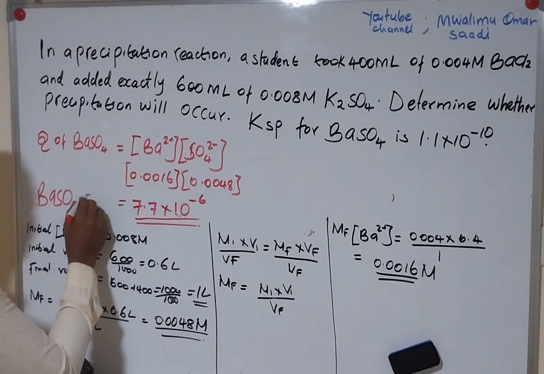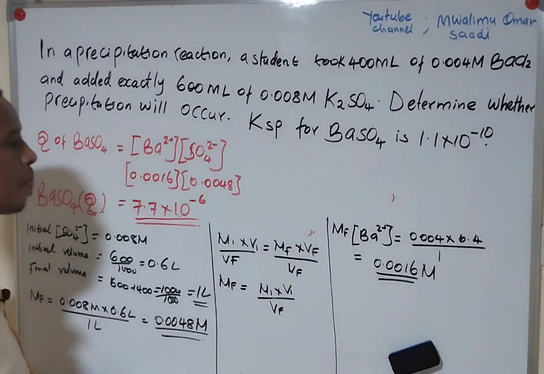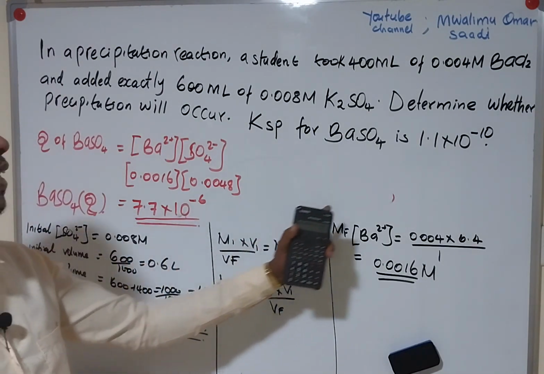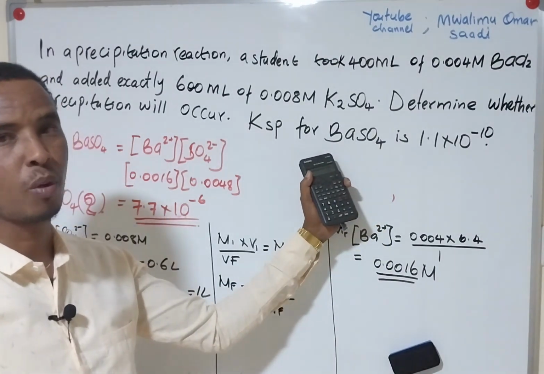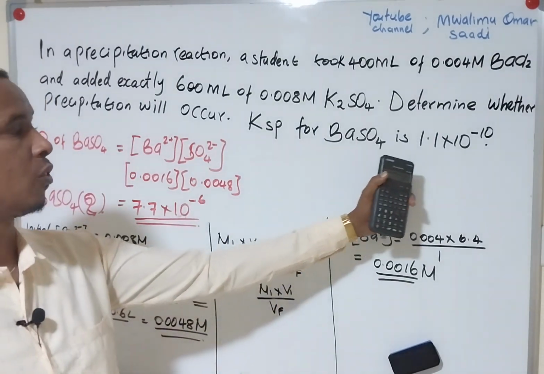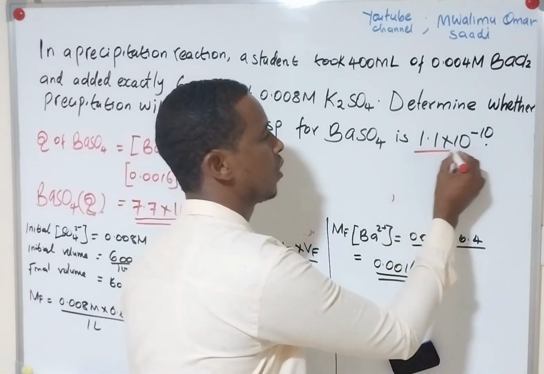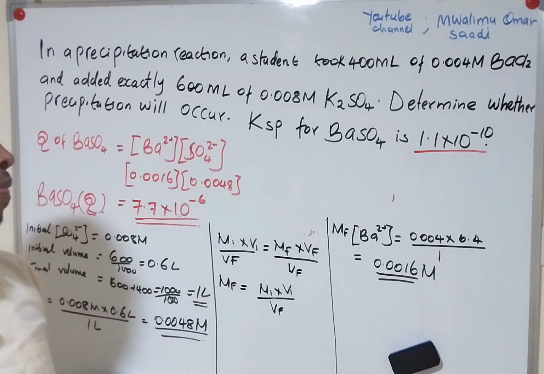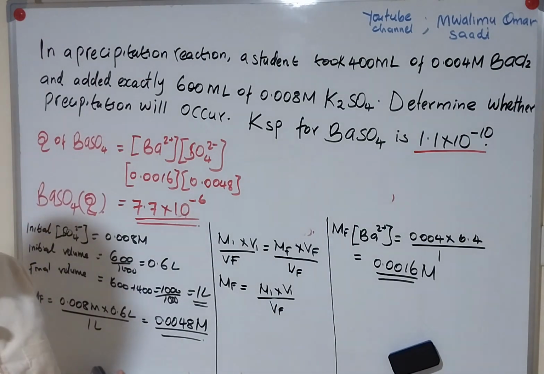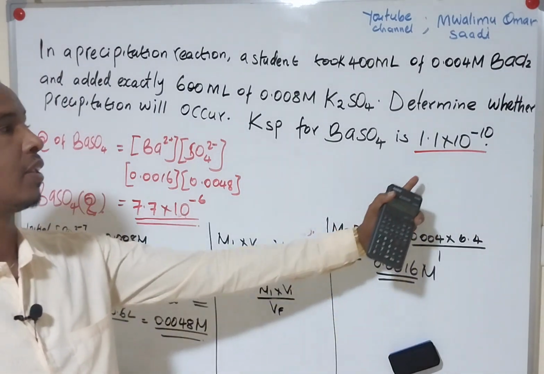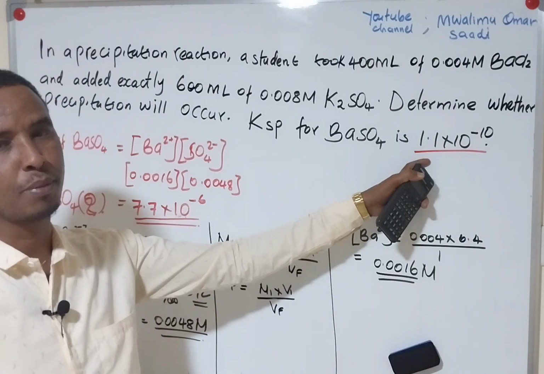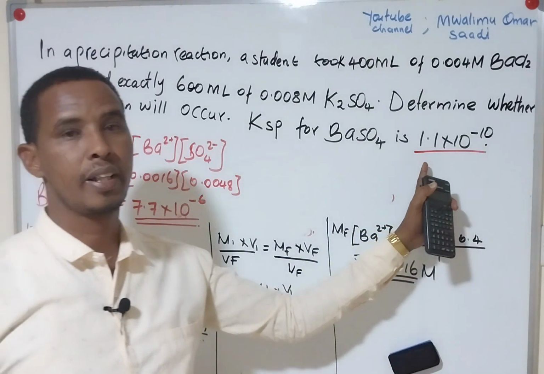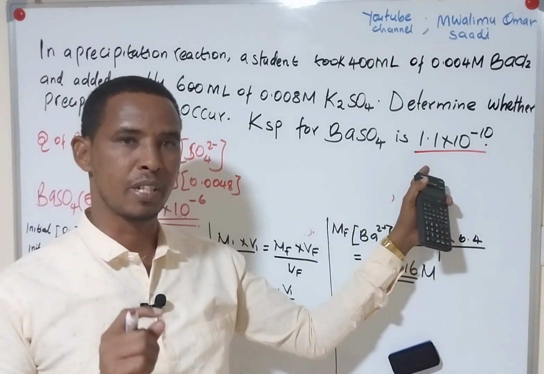Okay, since we have got the ionic product of barium sulfate, we compare it with the KSP, the solubility product constant for barium sulfate, which is 1.1 times 10 to the power negative 10. If the ionic product is greater than the KSP, that means there is precipitation taking place. And if it is less than the KSP, there is no precipitation.